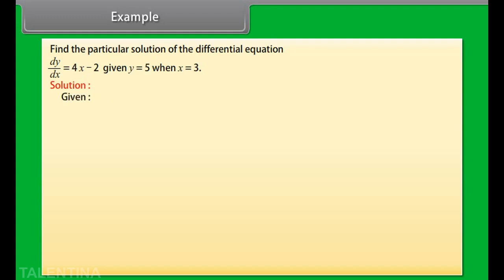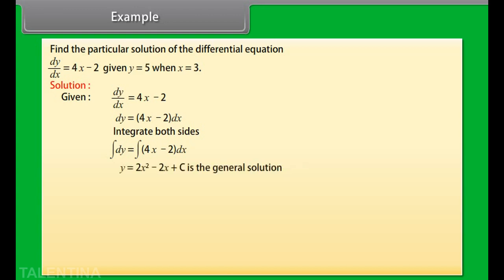Given dy by dx equals 4x minus 2. dy equals 4x minus 2 dx. Integrate both sides. Integral of 1 with respect to y equals integral of 4x minus 2 with respect to x. y equals 2x square minus 2x plus c is the general solution.